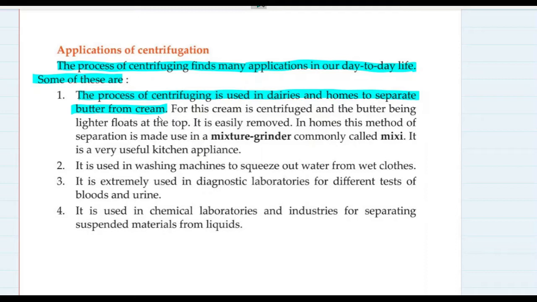When you churn it, the lighter particles float, and the heavier particles go down. Here the lighter particle is white butter, and the heavier liquid, the buttermilk, settles down.